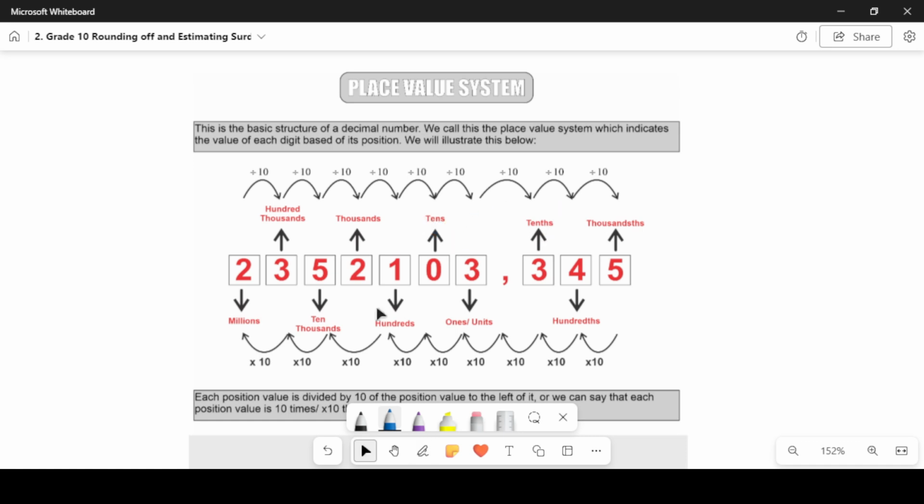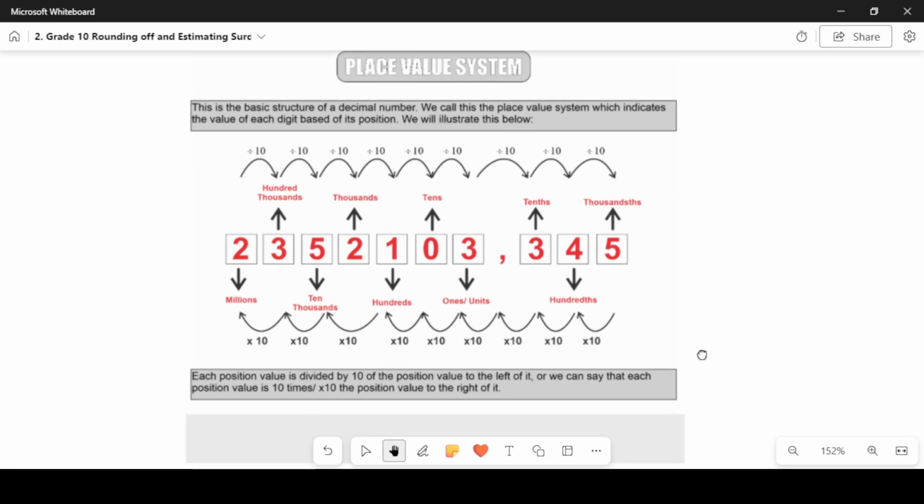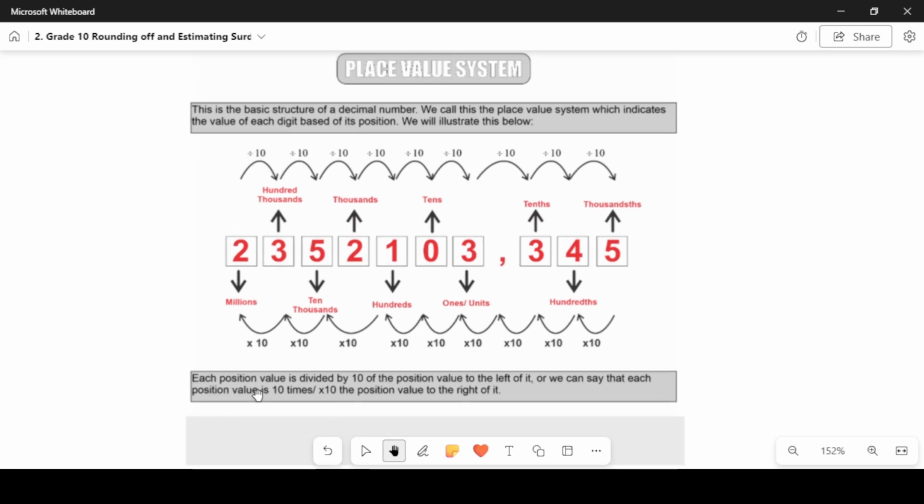So you could say it in two ways. You could say each position value is found by dividing the position value to the left of it by 10. See, if I divide by 10, I get the units column, right?